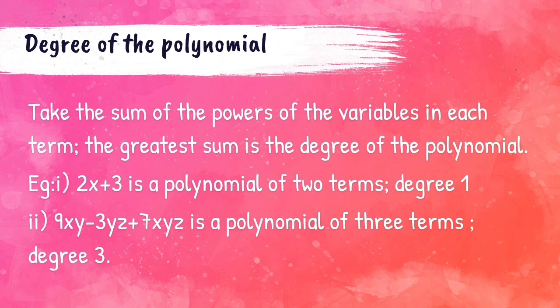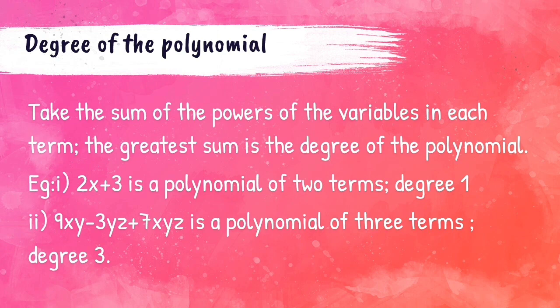Next is the degree of the polynomial. To find the degree of the polynomial, we need to take the sum of the powers of the variables in each term, and the greatest sum is the degree of the polynomial. As you can see in example 1, we have an expression having two terms.